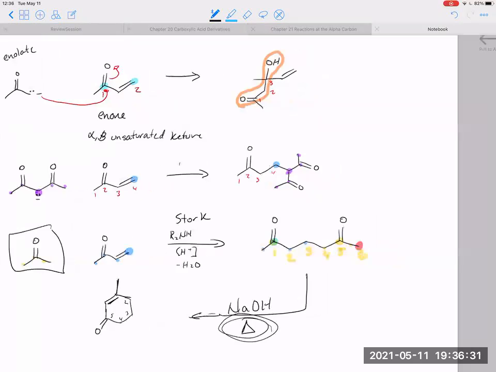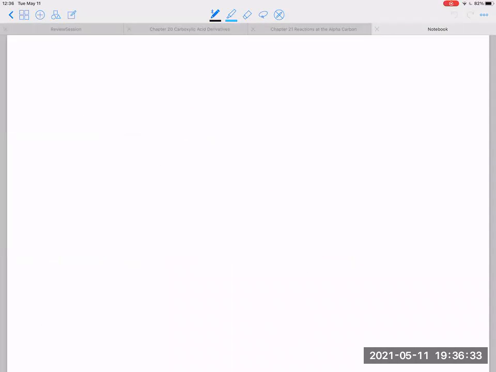Cool. Another thing that the ACS exam loves are these thermodynamic versus kinetic synthesis problems, right? So the effect of temperature when I have the same set of reagents.